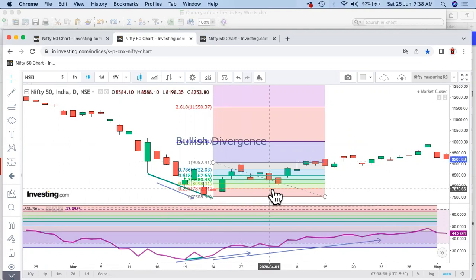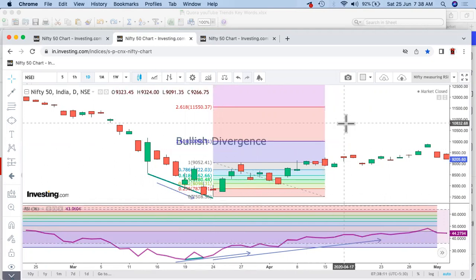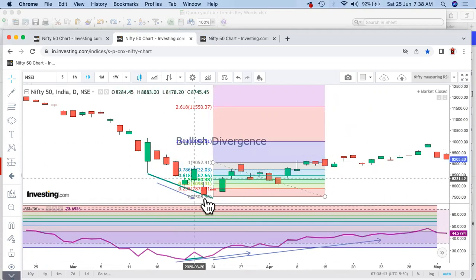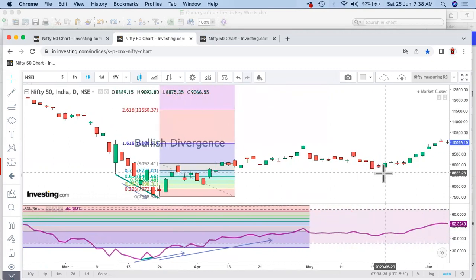So it's much easier to trade on the basis of reversals rather than the high of the closing candle, which is in terms of morning star. So first thing is bullish divergence. We trade on the basis of price action, and after that we start moving up.